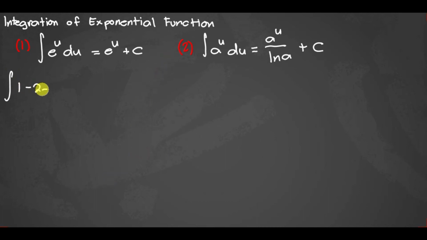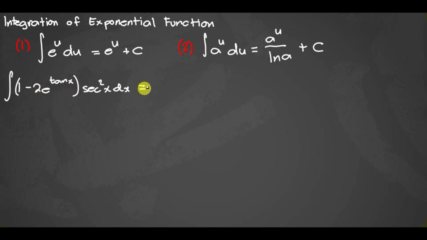Now, we have another example: the integral of 1 minus 2 e raised to tan x, multiplied by secant squared x dx. You can pause this video and answer the question. We must first distribute the secant squared x to the parentheses.